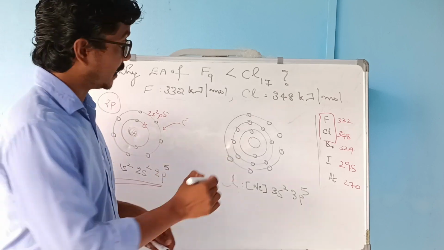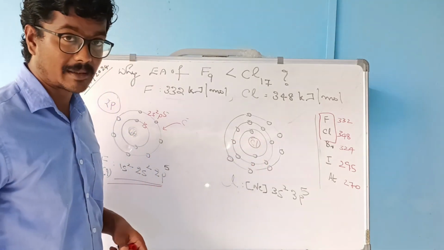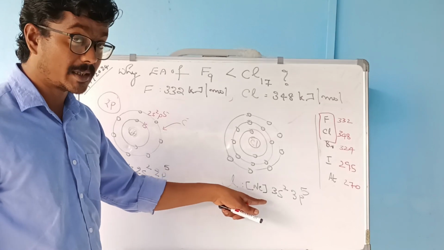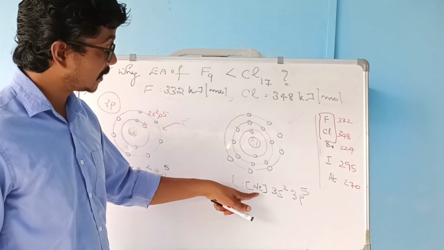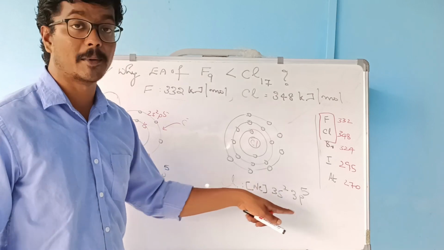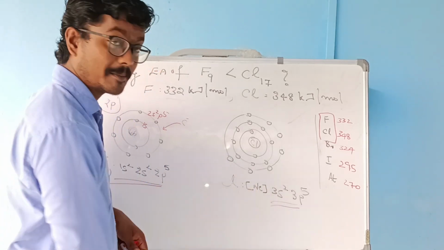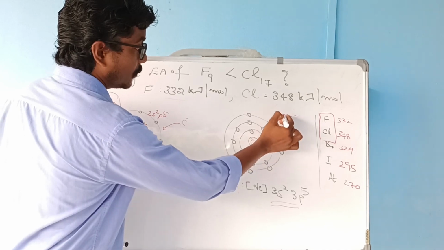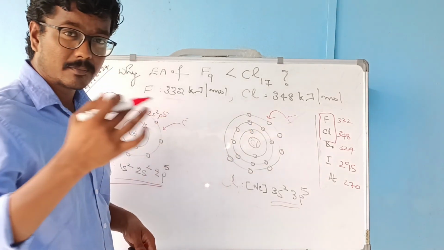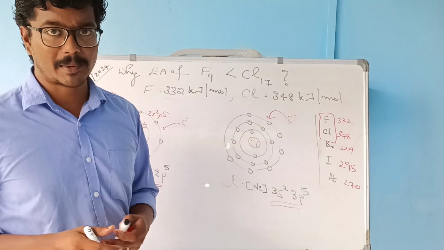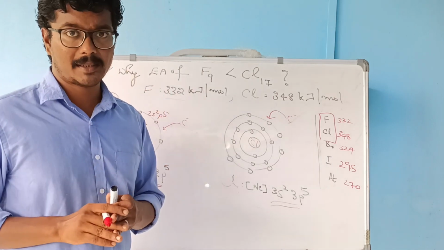Whereas in the case of chlorine, this is chlorine, right? The noble gas core electronic configuration is neon, and 3s2 3p5 is the valence shell, right? So when an electron comes closer to the chlorine atom, there is also electron repulsion, right? Because electrons are there.